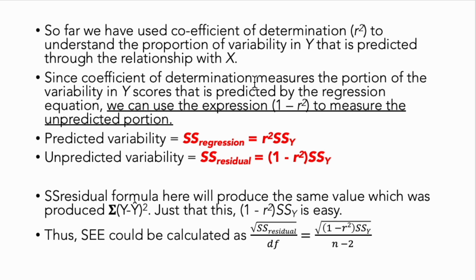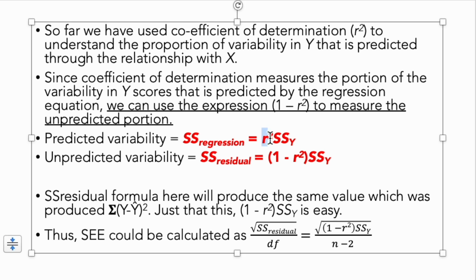Once we run correlations, you square the correlation coefficient, r squared, that's the coefficient of determination, which explains the proportion of y that is explained by x. So predicted variability can be explained through r squared. The unpredicted variability can be explained by 1 minus r squared. So here the predicted variability is what we call SS regression, which is calculated by r squared times sum of squares y.